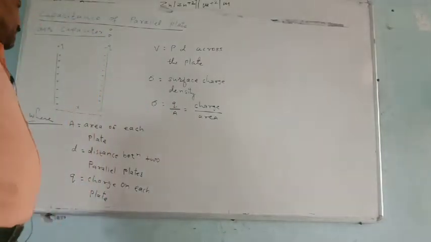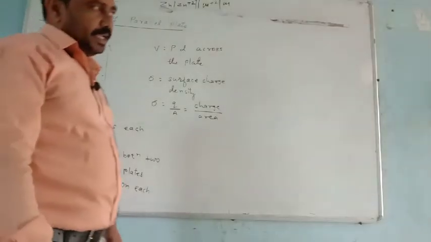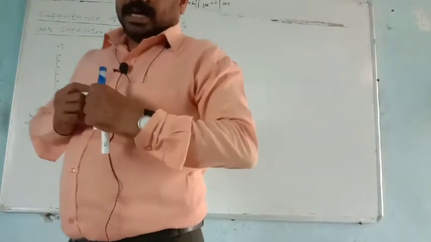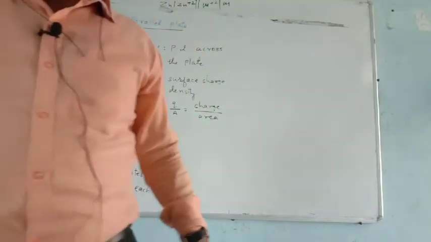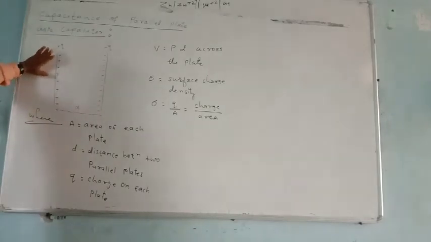So these are the parameters of the given diagram. In this diagram, two parallel plates are here and positive and negative charges are deposited here, and d is the distance between these two parallel plates.